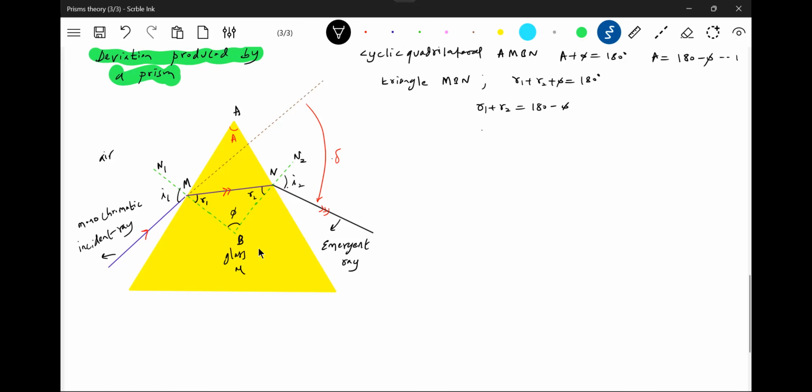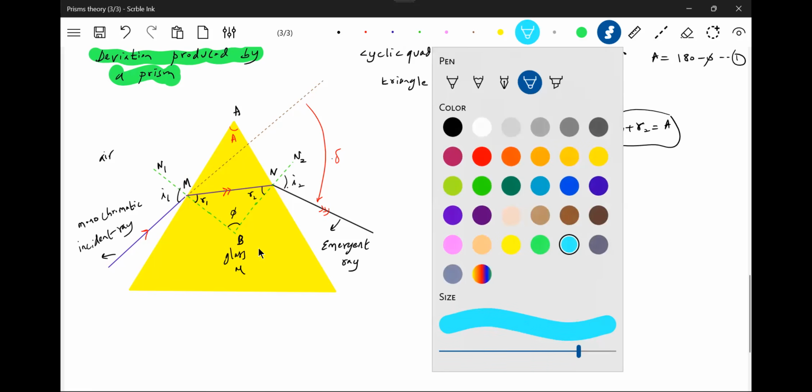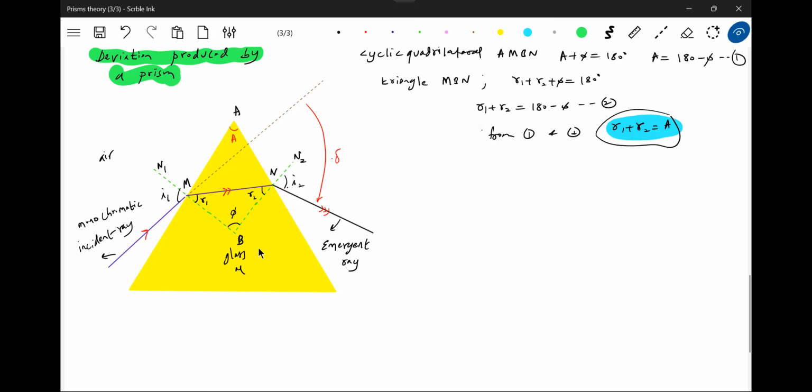Substituting, from equations 1 and 2, R1 plus R2 equals A. This is one equation you should remember, very important; at many places this will come. It shows how these two angles are related to the angle of prism. R1 is the refracting angle, and R2 is the incident angle at the second face.